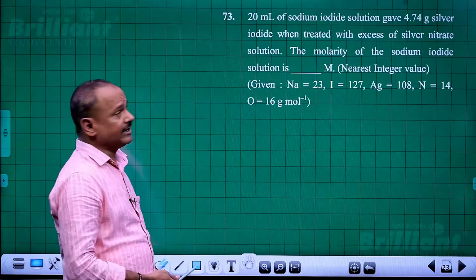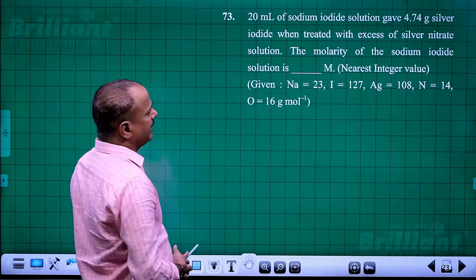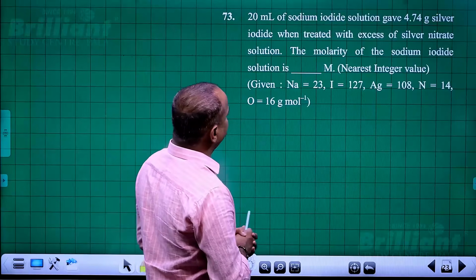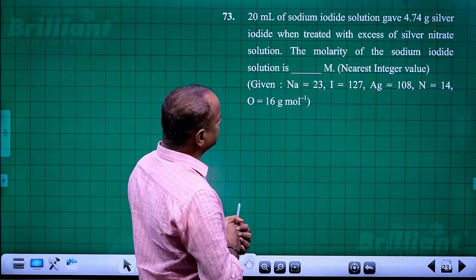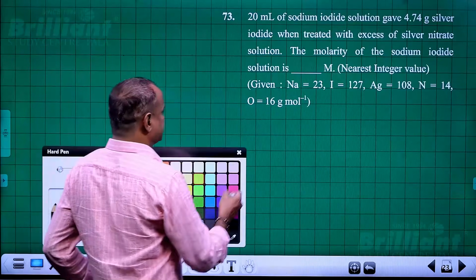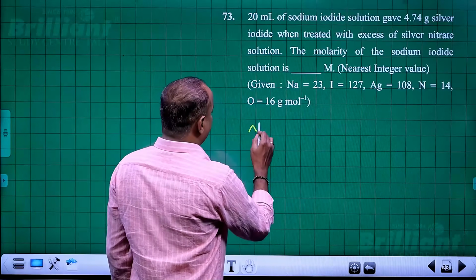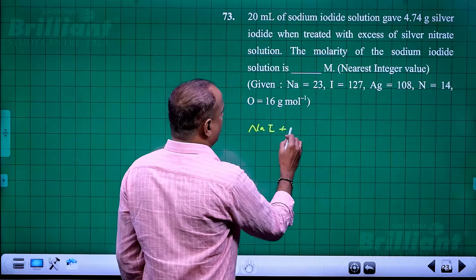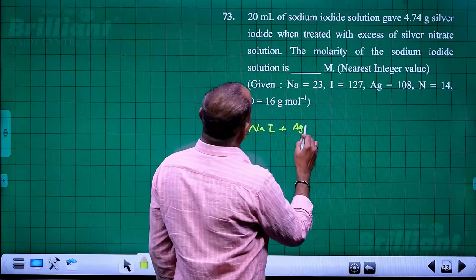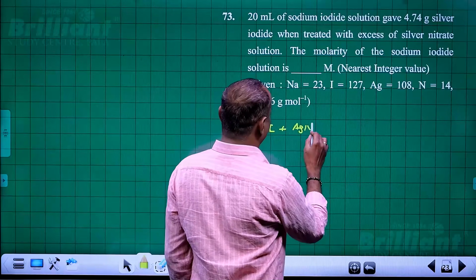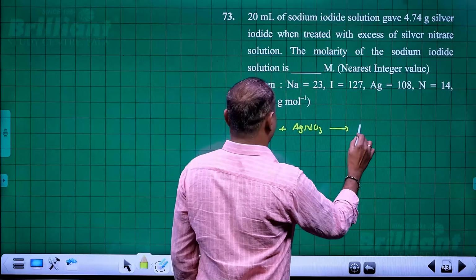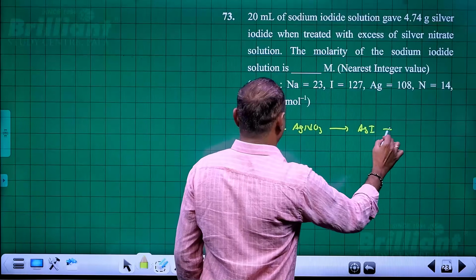Okay. Next, 73. 20 ml sodium iodide gave 4.74 grams of silver iodide when treated with silver nitrate. So the first equation is sodium iodide NaI plus silver nitrate AgNO3 is equal to AgI plus NaNO3.